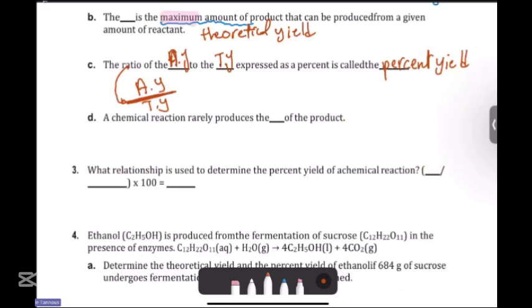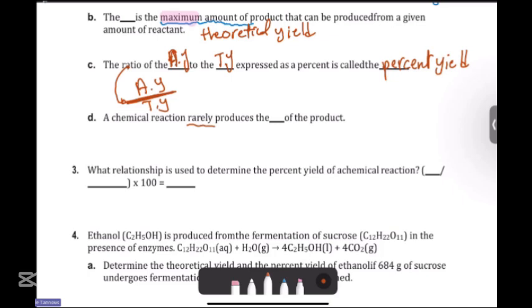A chemical reaction rarely produces the exact theoretical yield of the product. Actually, there is no perfect reaction, so we can never get the correct amount.